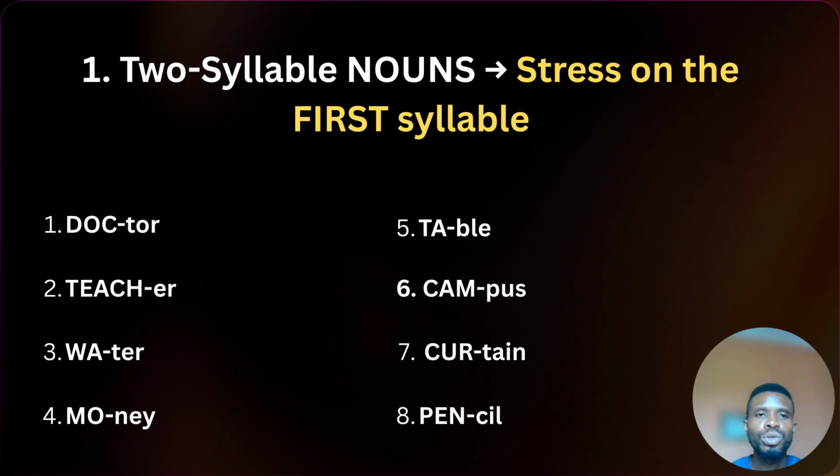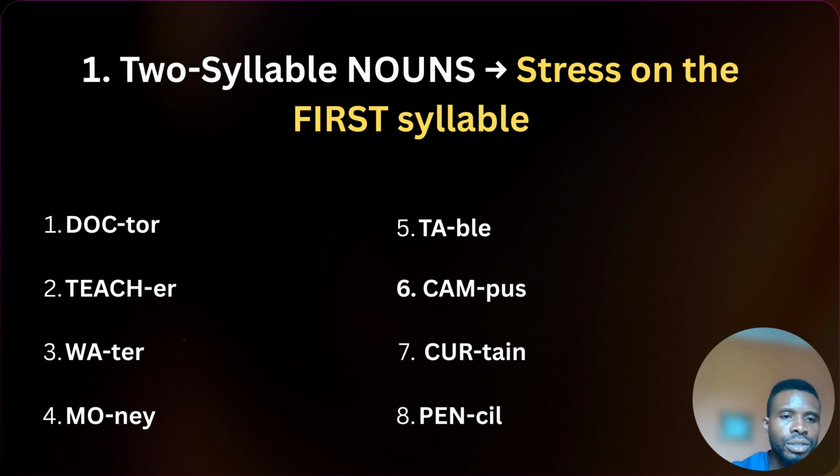Rule number 1, or stress rule number 1, two-syllable nouns. The stress is usually placed on the first syllable. For example, we have doctor, teacher, water, money, table, campus, curtain, pencil.